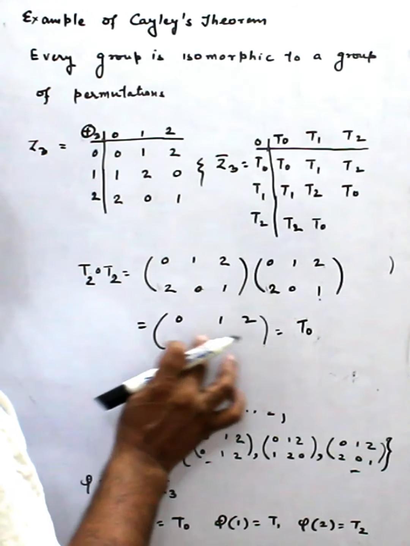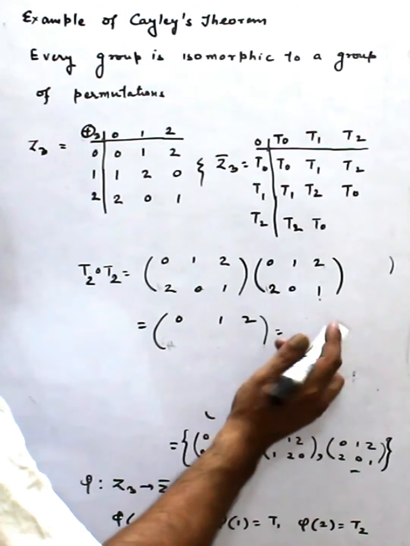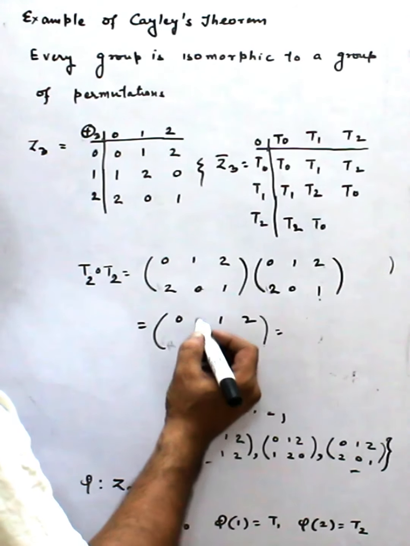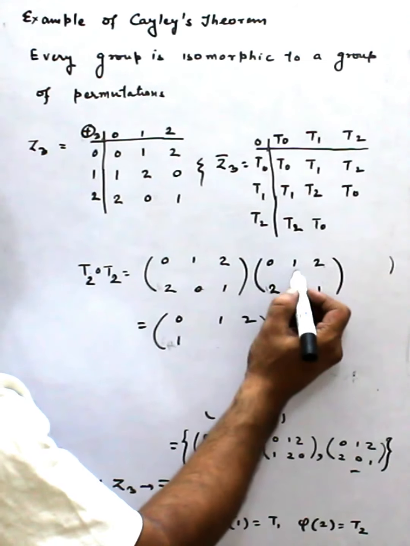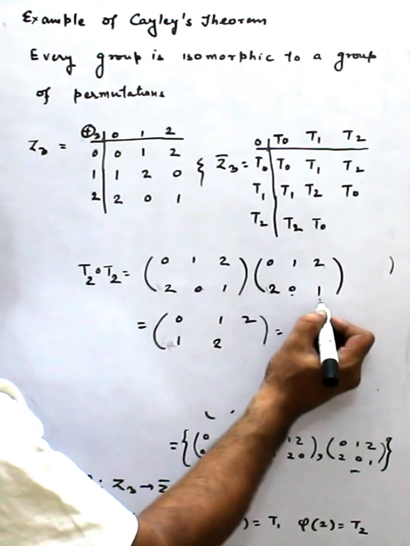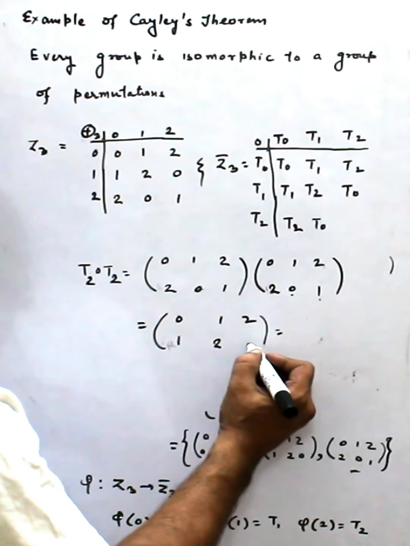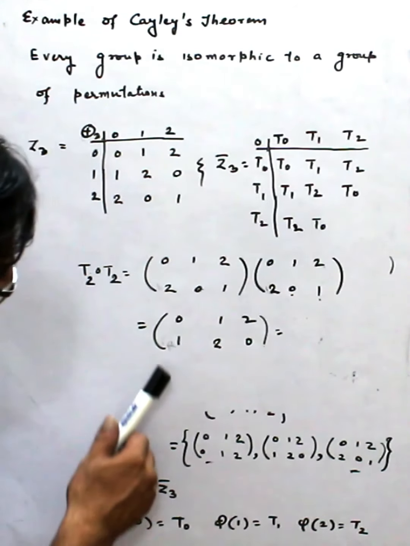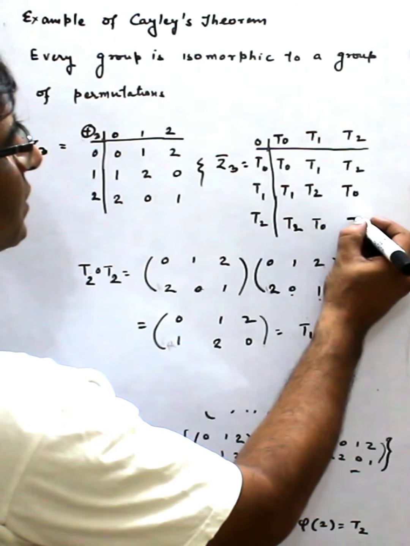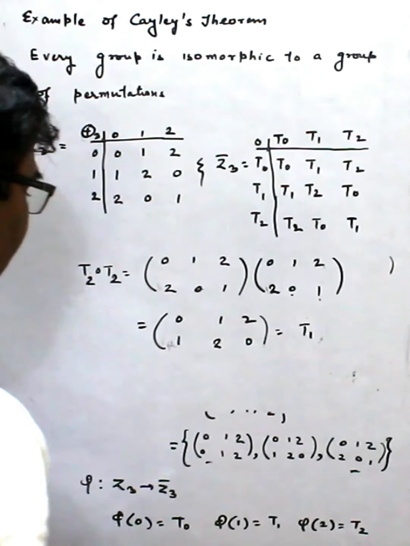Now we can see what is the result. 0 goes to 2 and 2 goes to 1, 1 goes to 0. So this is equal to T1, right?